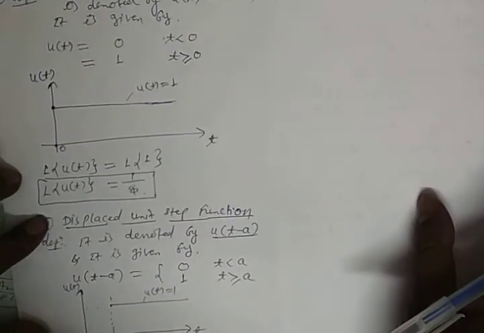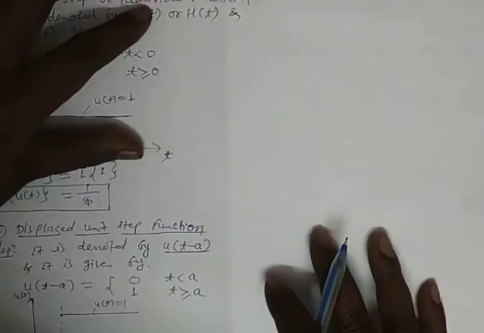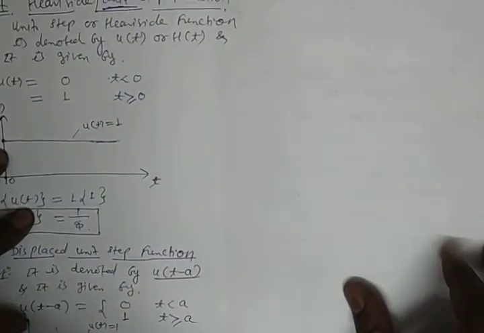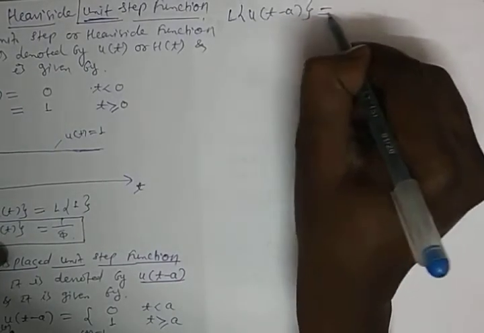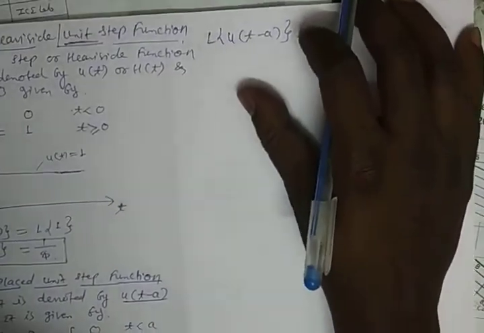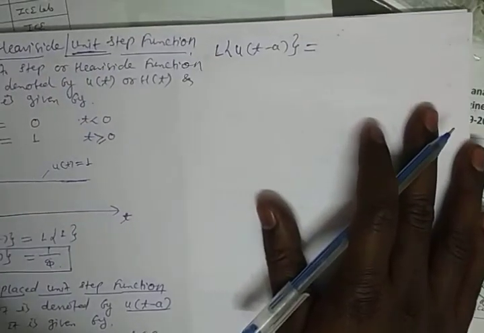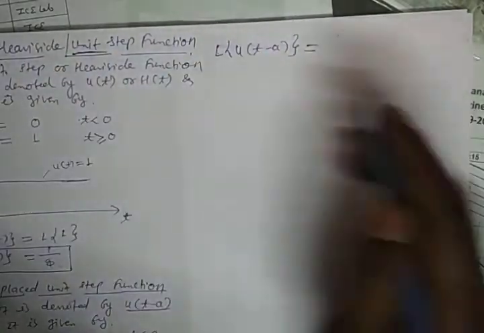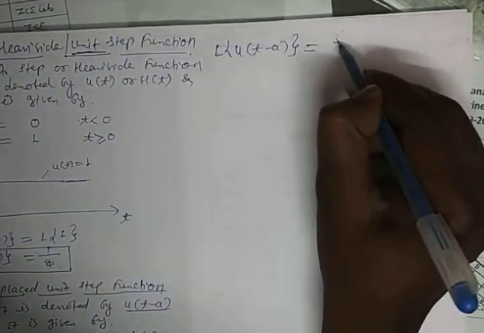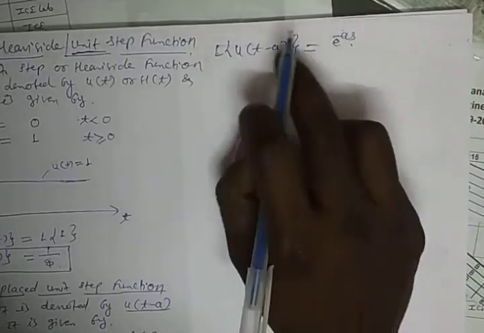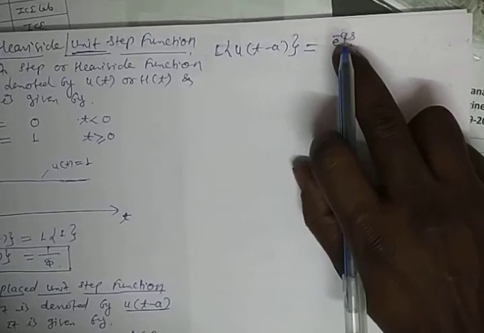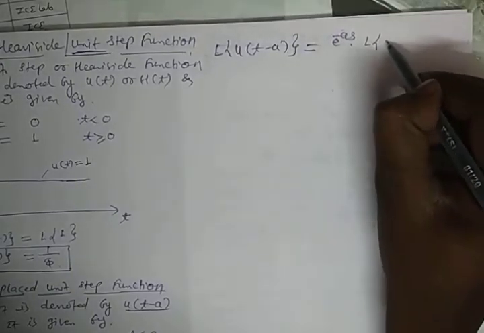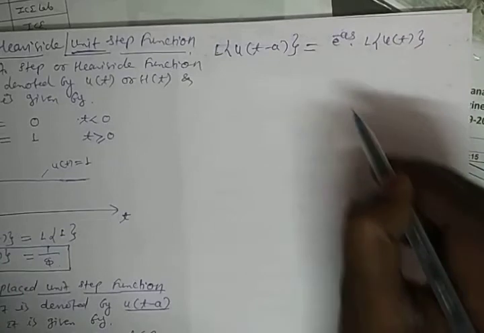So what is the Laplace transform of the displaced unit step function? Look at this. The Laplace transform of u of t minus a is equal to e raised to minus as into, we can write it in the form of e raised to minus as, and what we get inside is the Laplace transform of u of t.